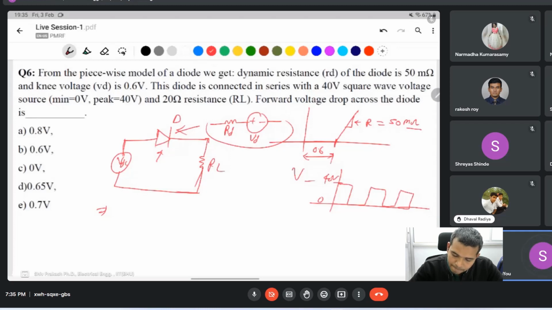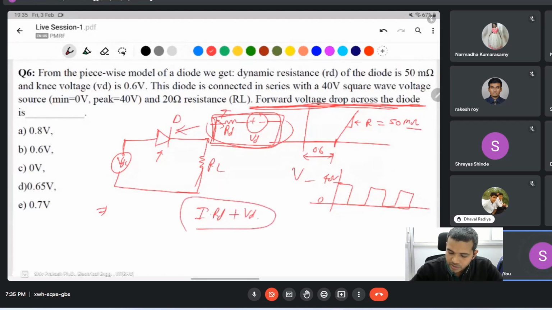But it is asked about the forward voltage drop across the diode. It means the total voltage drop. The voltage drop is found by the current I into RD plus VD.